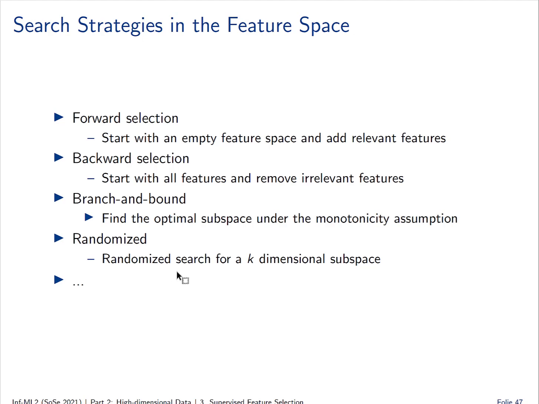So you just sample k-dimensional subspaces and work with them. So randomized search and so on and so on. There are many other ways to do that, and we will have a look at these four basic things now in a little bit more detail.